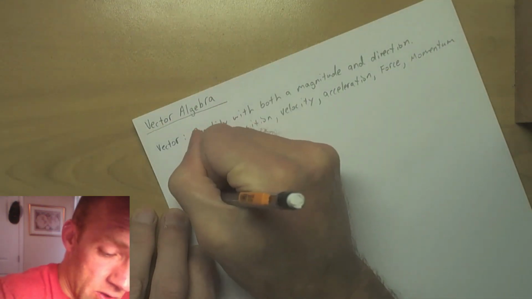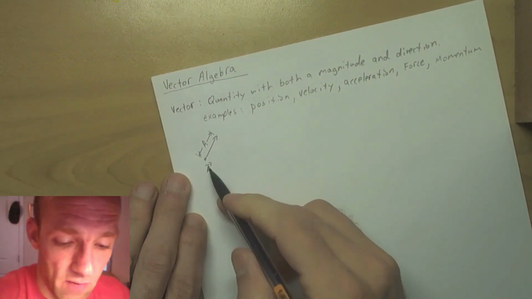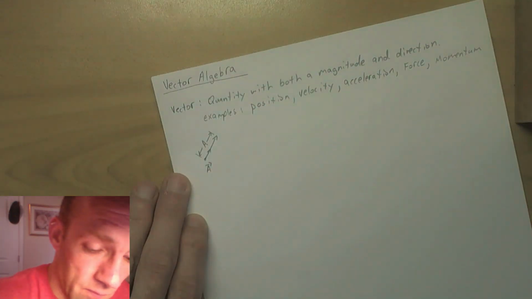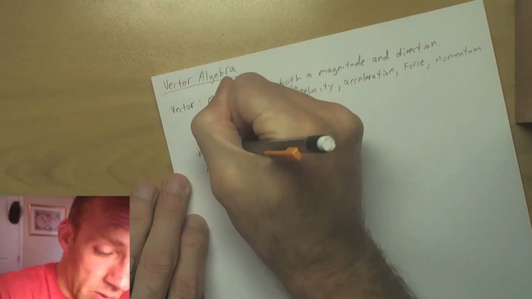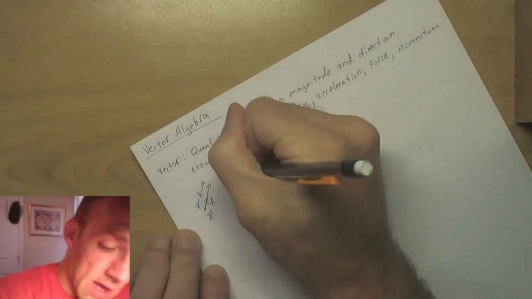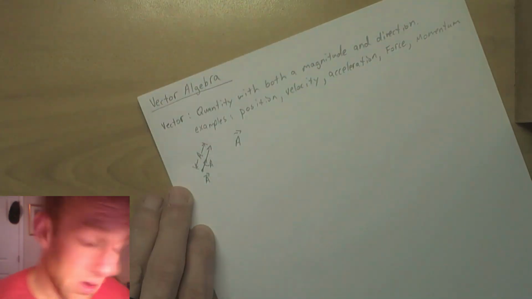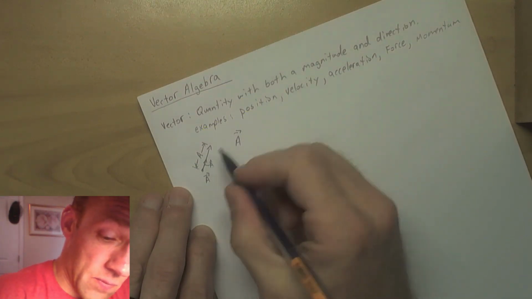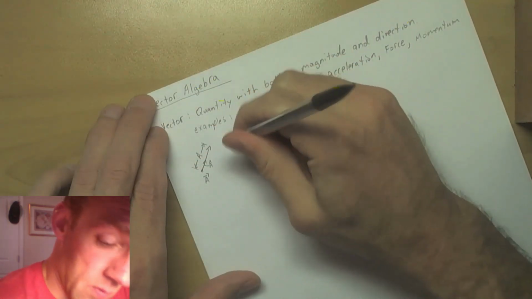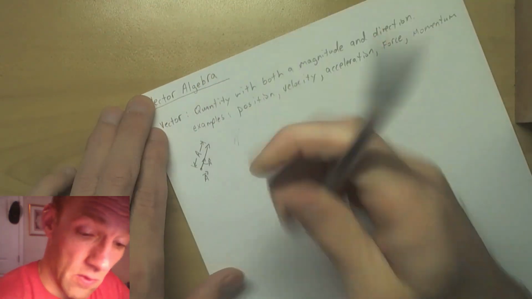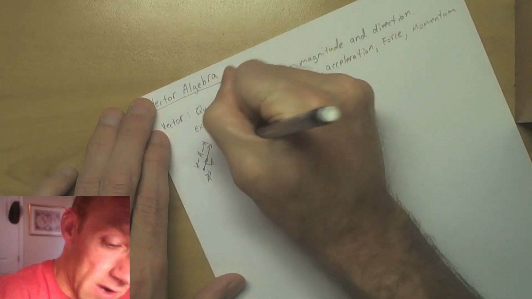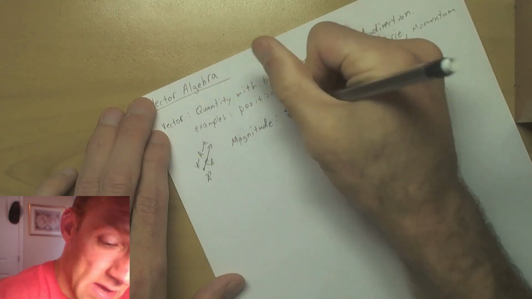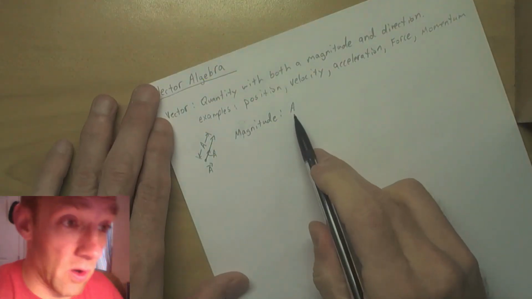and so this is the vector A, the symbol, and I'll explain this here in a second. So A, the vector A. A note on notation: the magnitude of A in this case is represented by just the bare letter.